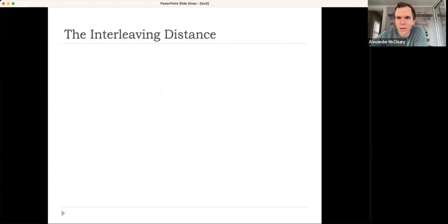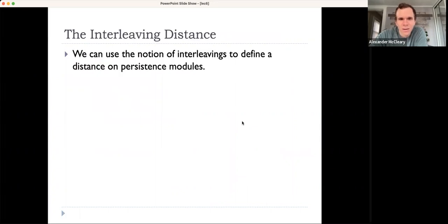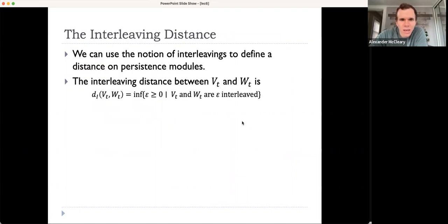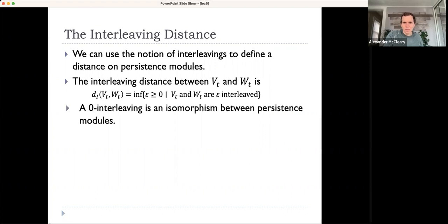Okay, so now that we have this notion of interleavings, we can define a distance. So this is going to be a distance on persistence modules, and the interleaving distance is just going to be the infimum over all epsilon such that V_t and W_t are epsilon interleaved. So right, one thing you should always ask with a distance is, what does it mean if the distance is 0?